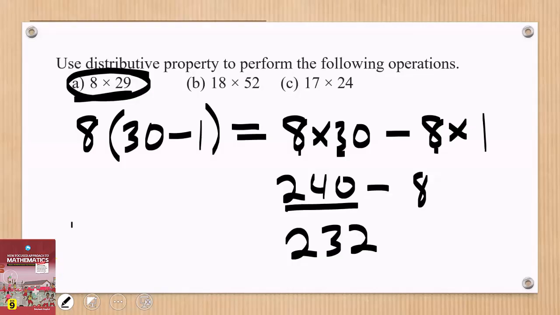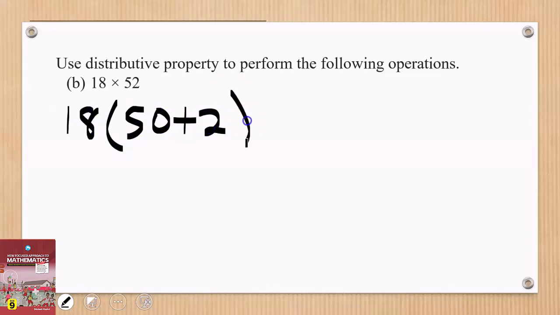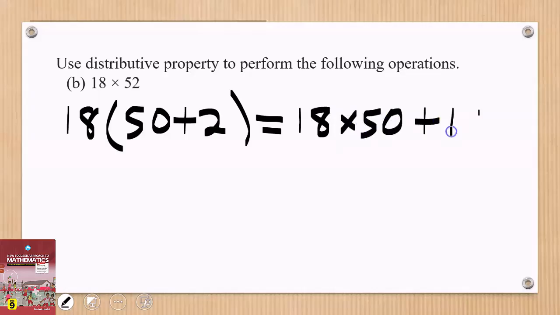Now let's try with the B. The B is 18 times 52, and that is very big, right? 18 times 52 is big, but I can just do 18 times 50 plus 2, which of course is the same as 18 times 50 plus 18 times 2.